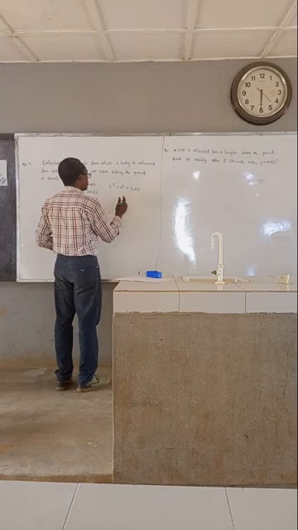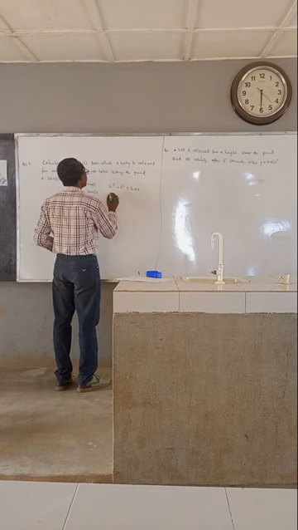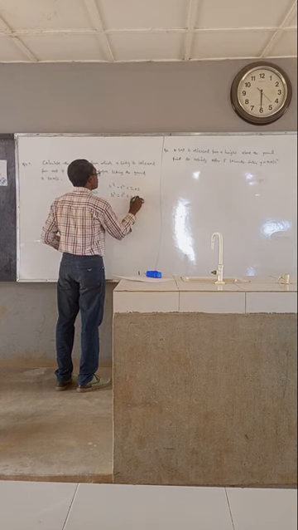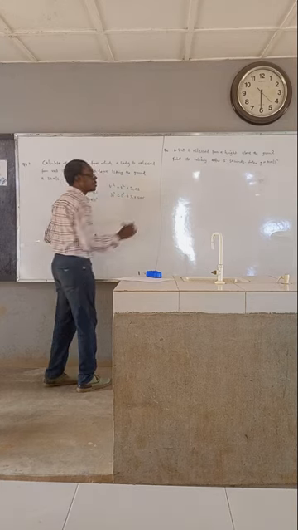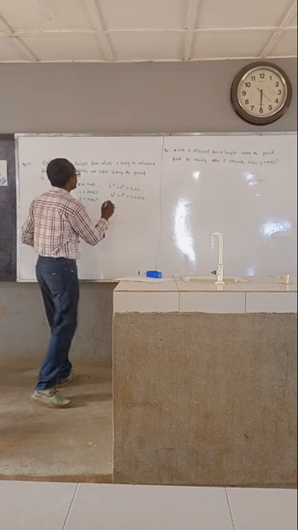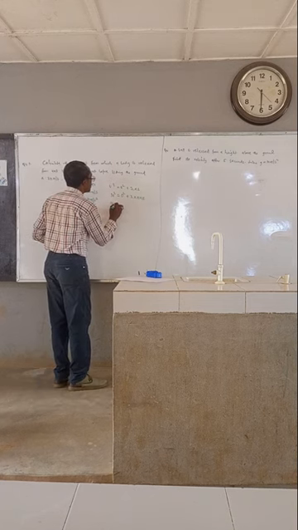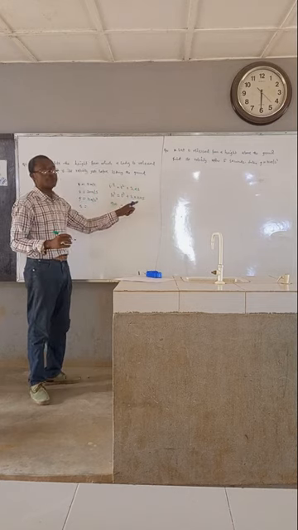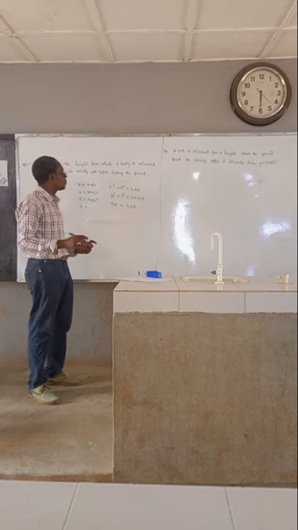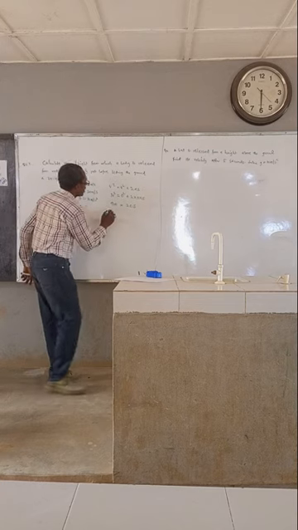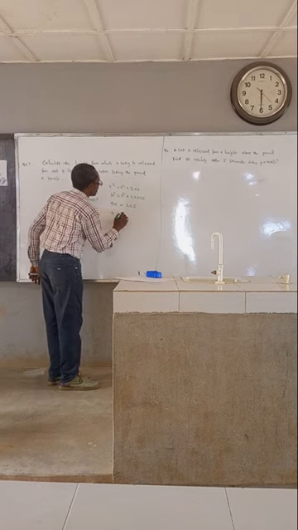So first of all, the final velocity is 30. We have 30 squared is equal to 0 squared plus 2 multiplied by 10 times s. s in this case is our height. So 30 squared gives us 900 is equal to 20s, because 2 times 10 gives us 20, and 20 times s gives 20s. Once we have this, s can be gotten by dividing both sides by 20.